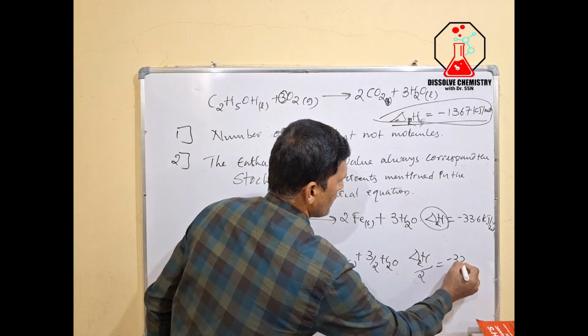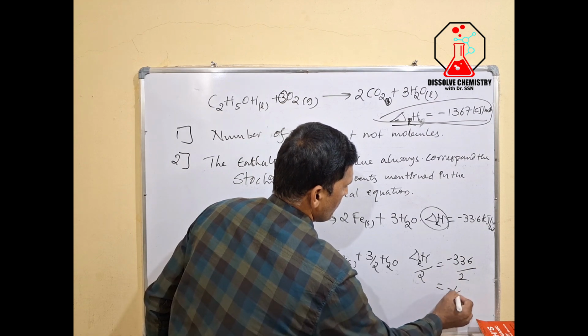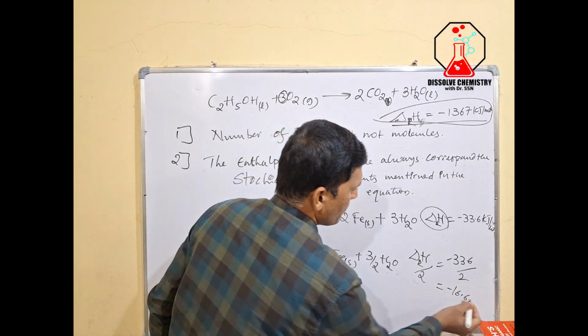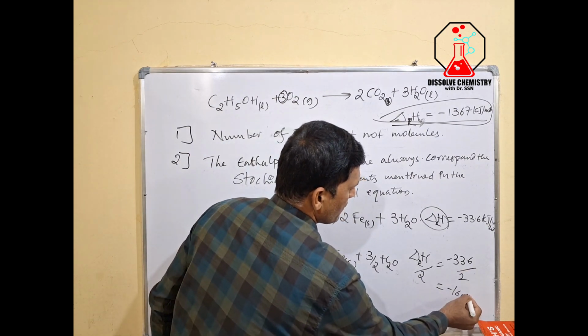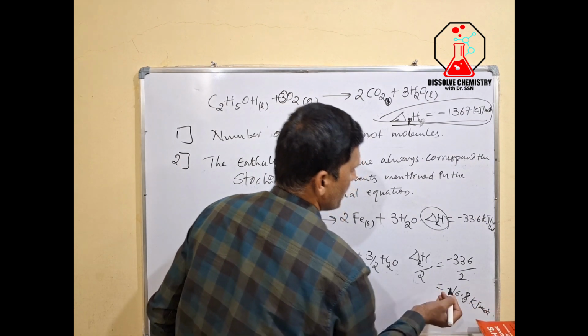So minus 33.6 by 2, which is equal to minus 16.8 kilojoules per mole. So what does it mean?